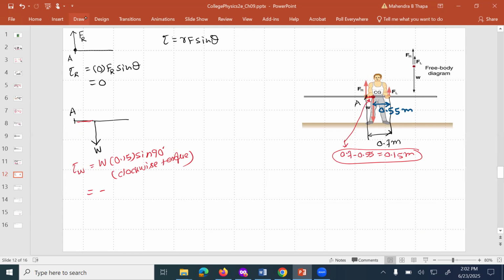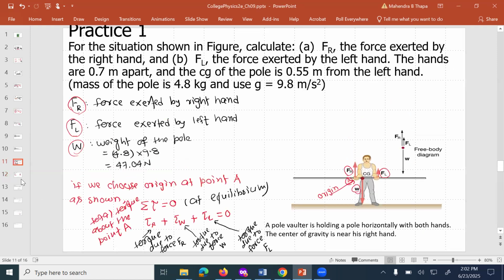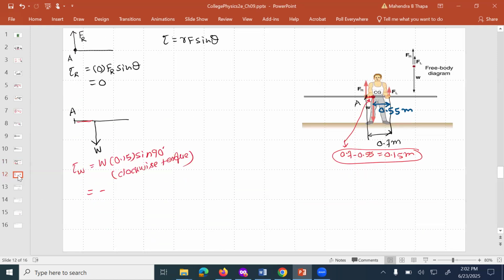Weight is from the previous slide, 47.04 times 0.15 times 1.